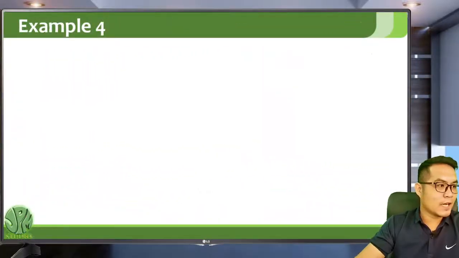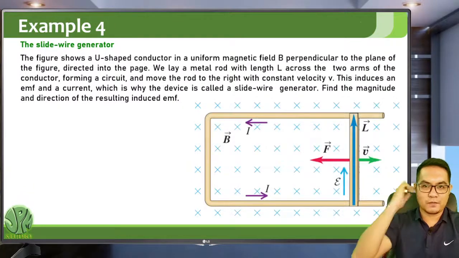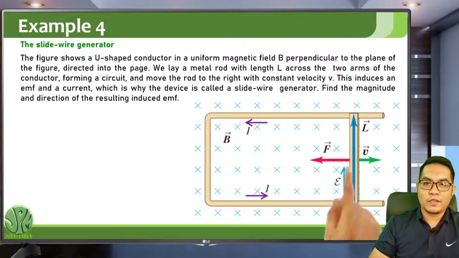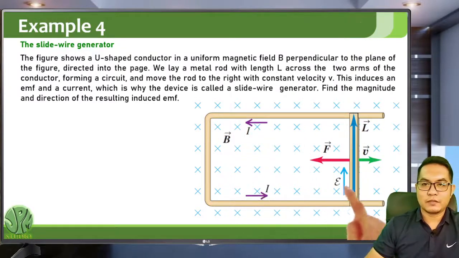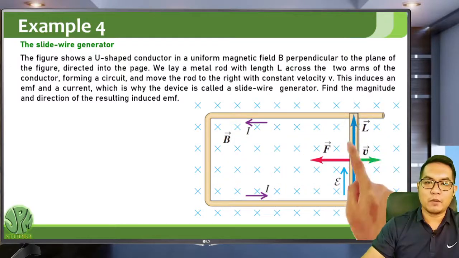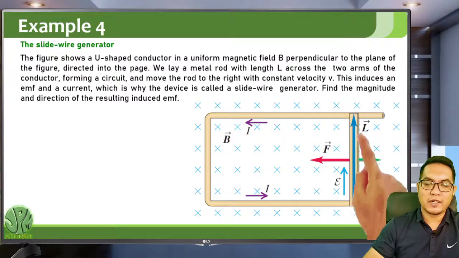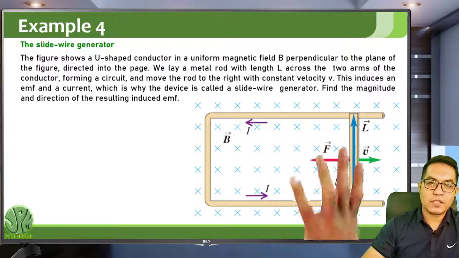So I guess this is the last example for this chapter. This is what we call a slide wire generator. You have a conducting wire shaped like a U, and then you have a movable wire on top of the conducting U-shaped wire, and you expose this to a magnetic field.